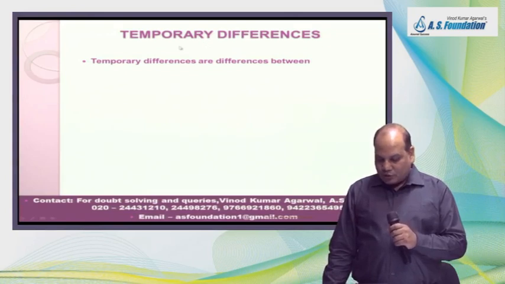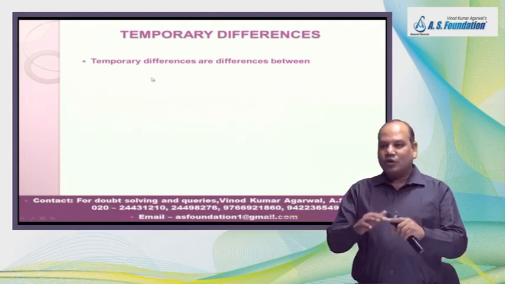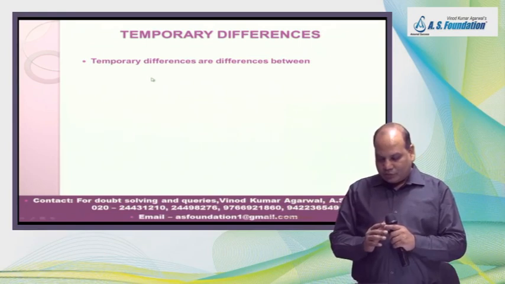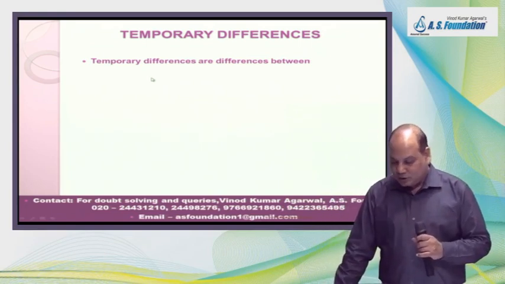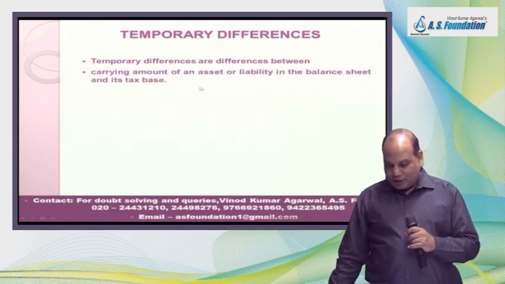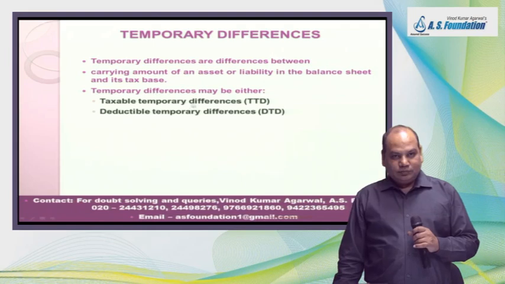This difference is called temporary difference, because the difference will go away in future. Hence temporary difference. Temporary difference is the difference between the carrying amount of an asset or liability minus the tax base.